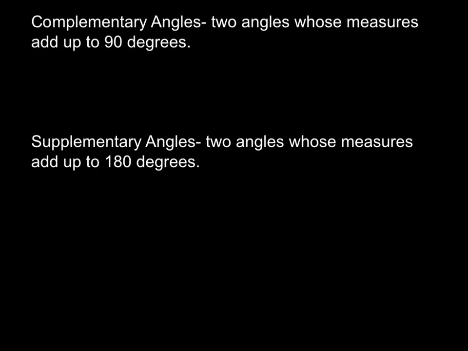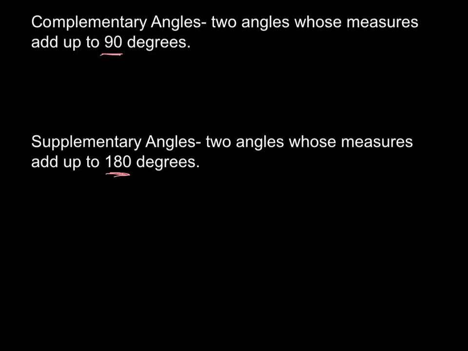Okay, then we have complementary. So we have to think: complementary is 90, supplementary is 180. That would be something I would put on your note card for the test, because it really will help you. There's not really a trick to remember complement 90, supplement 180.